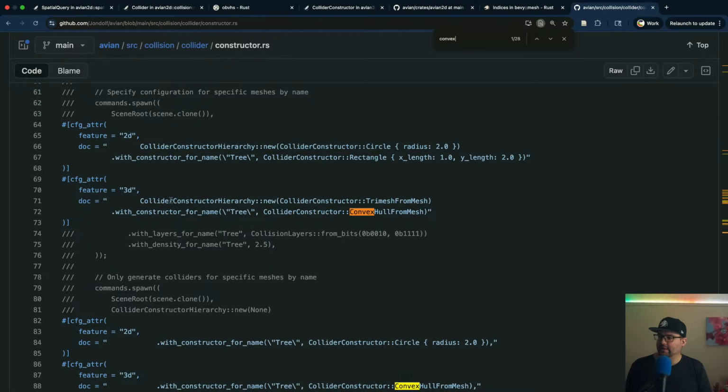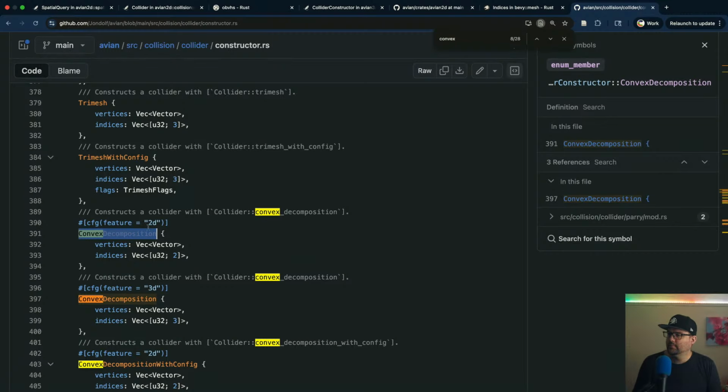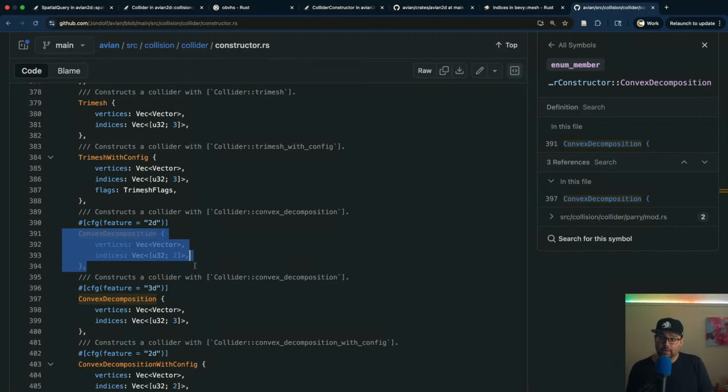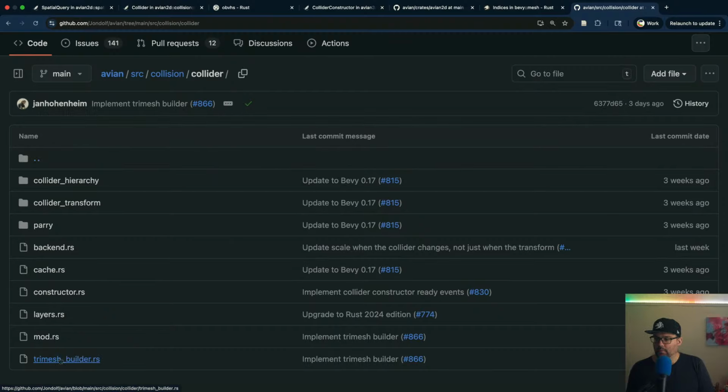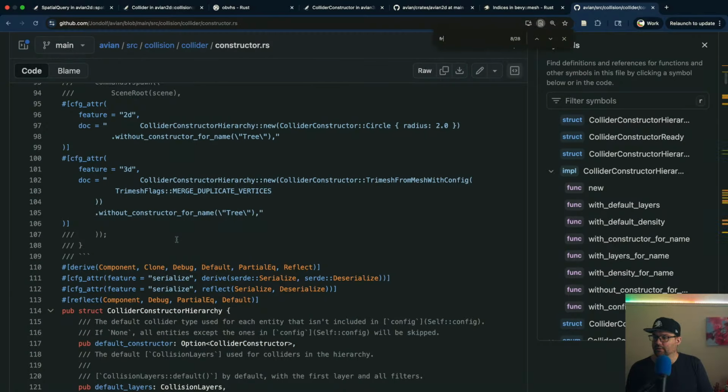I think the convex decomposition might be more difficult. Also, for 3D, this actually doesn't need to happen. Right? Like for 3D, we already have the from mesh implementations. Trimesh builder, collider transform, collider hierarchy, that's the plugin. Constructor, is this collider constructor?